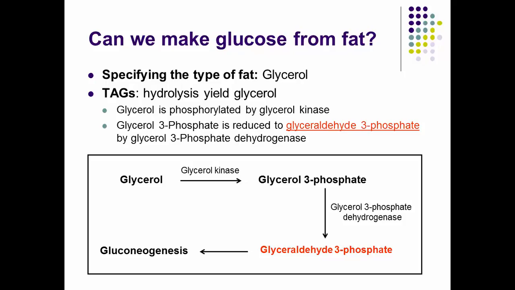And this, remember, is a metabolite in the glycolysis pathway, and it can enter the gluconeogenic pathway for making glucose, right? So this is the pathway by which glycerol can be utilized for gluconeogenesis.